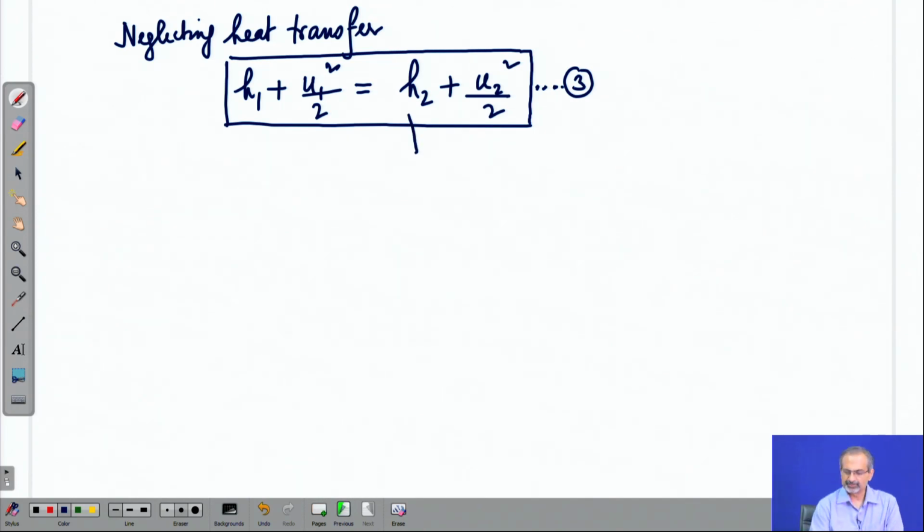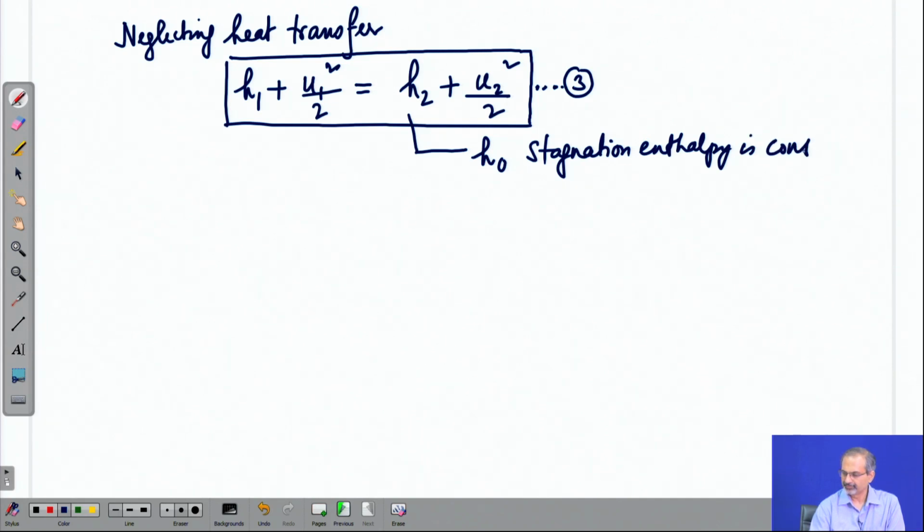Also remember that what this equation is saying is that the sum of the static enthalpy and the dynamic part is constant, which means stagnation enthalpy is conserved.